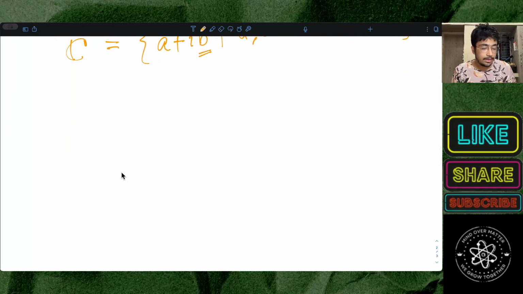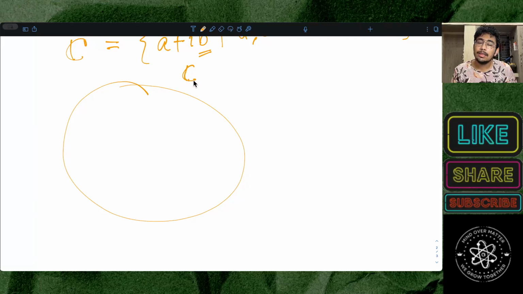From this analogy we can draw a diagram. Suppose this is the set of all complex numbers, and if we set b equal to 0, then there's another small set of all the real numbers in it. So all real numbers are complex numbers, but not all complex numbers are real numbers.